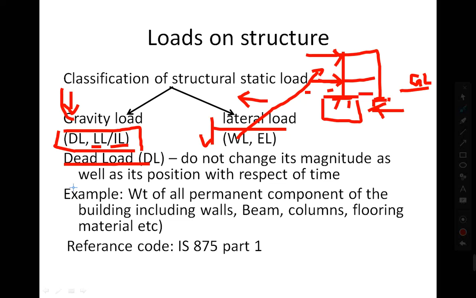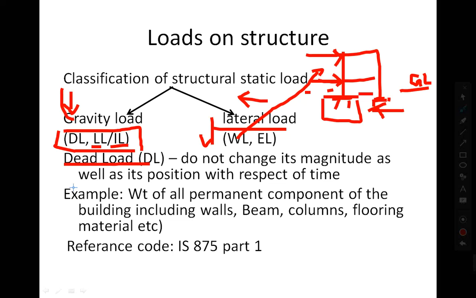Those are permanent, so those loads do not change. The reference code is IS 875 Part 1. Using that code, you can find out the dead load on the structure.